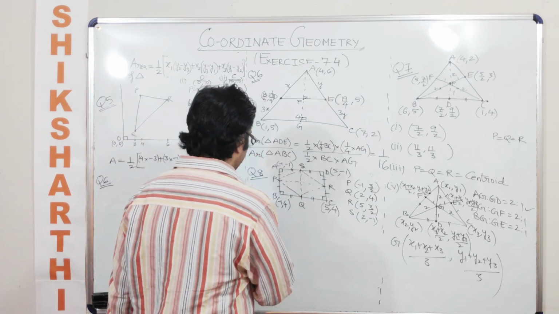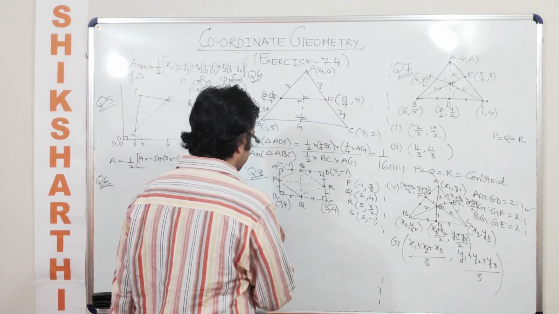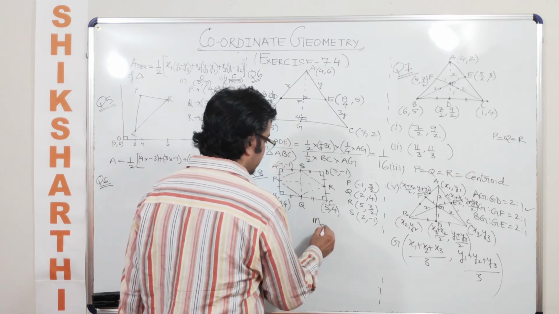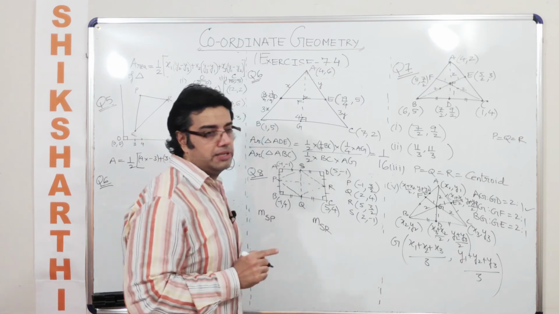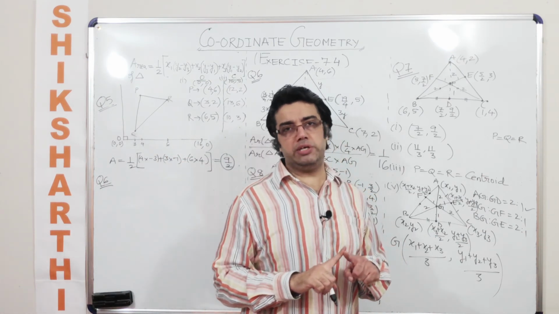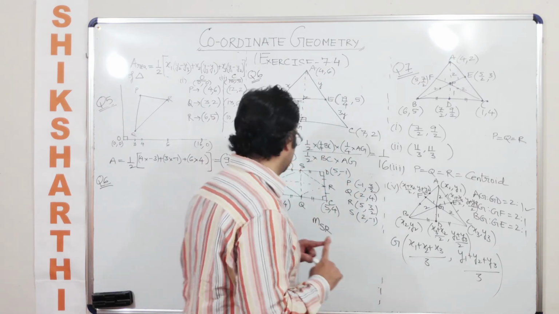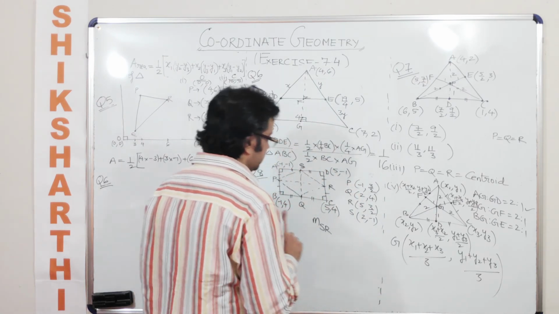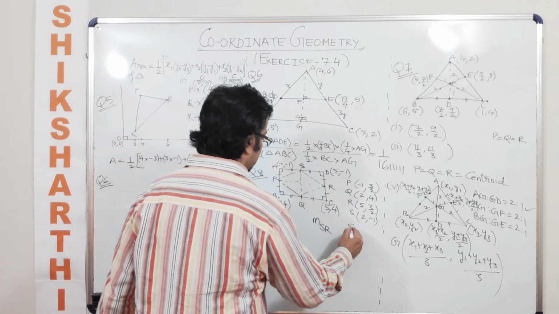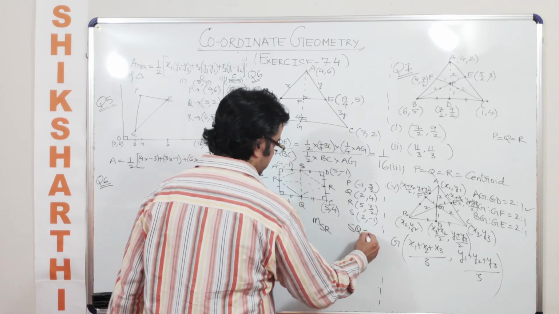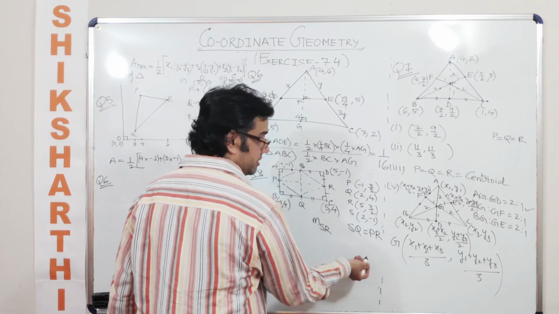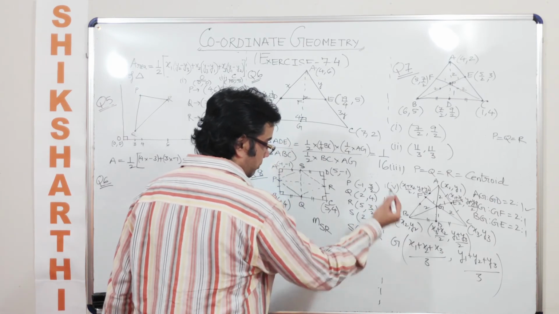In that case, we will find out the slope for SP and the slope for SR, and the product of this should not be equal to minus 1, because we know for 2 perpendicular lines, the product of their slopes will be equal to minus 1. This is one side of it. Another side of it is to use the distance formula and prove that SQ is either equal to PR. If it is equal to PR, then it is a square, else it is a rhombus.